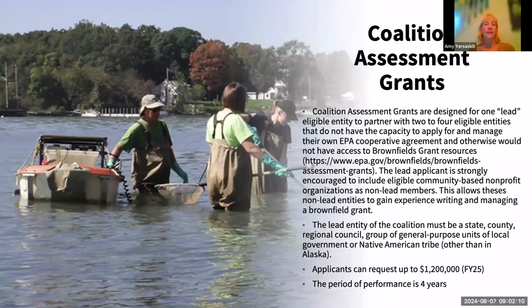They will bring in 2 to 4 non-lead partners, coalition partners, who they will work together with to actually conduct the work on this grant in all the areas, both lead and non-lead. Applicants can request up to $1.2 million. And again, the period of performance is 4 years.